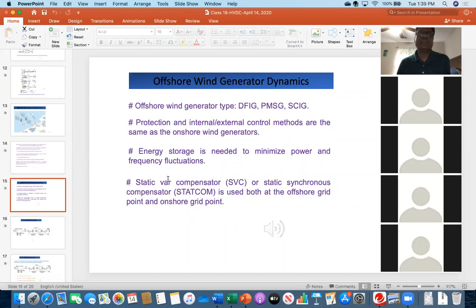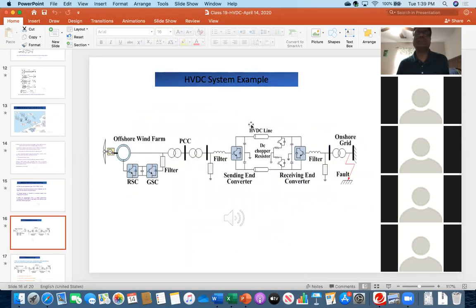Now, let's see one realistic example. This picture shows a realistic example from the electrical viewpoint. Look at the leftmost side, there is the offshore wind farm. This is the generator, in this case a DFIG, doubly fed induction generator.